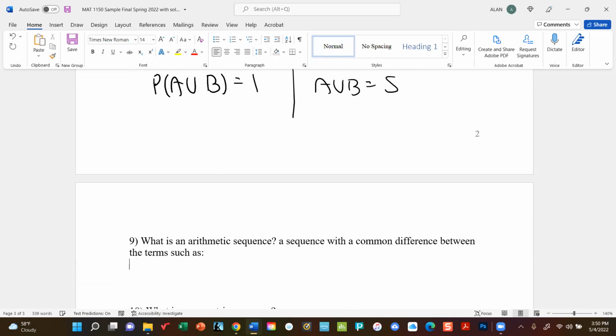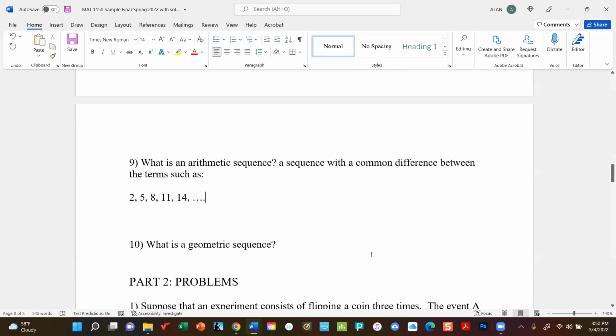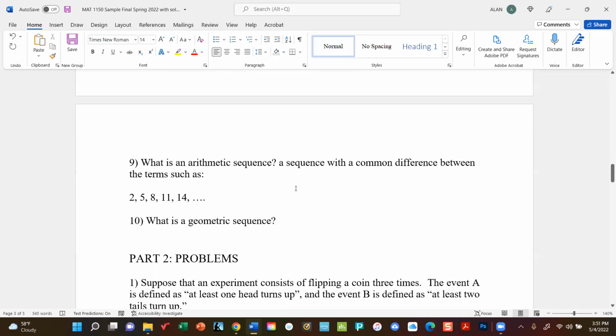Here's an example. And again, you weren't asked to do this, but I want you to see. You can tell this is arithmetic because in order to get from one term to the next, I'm adding 3 each time. With a geometric sequence, this is a sequence with a common ratio between them.